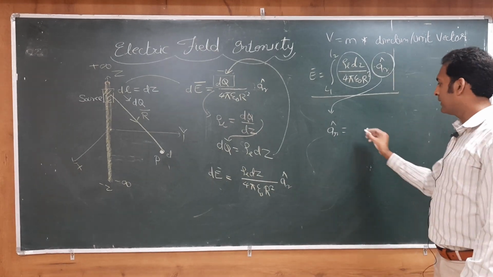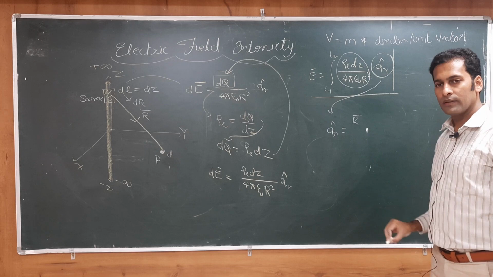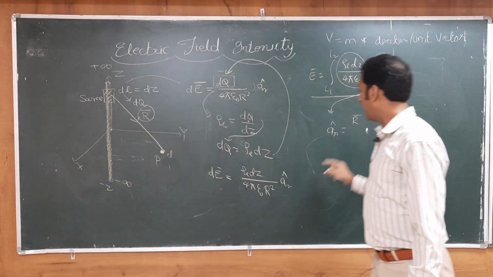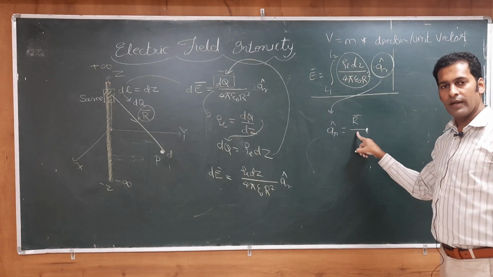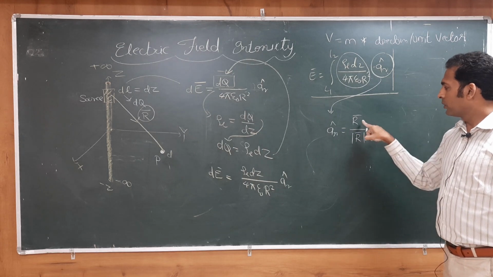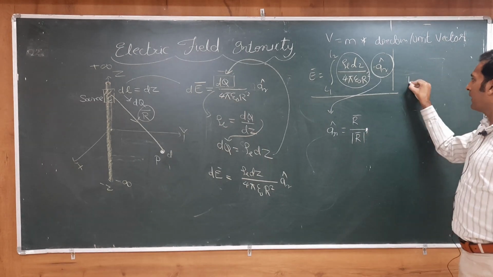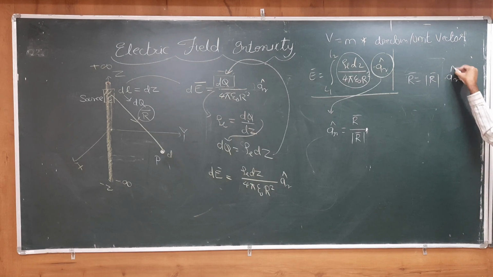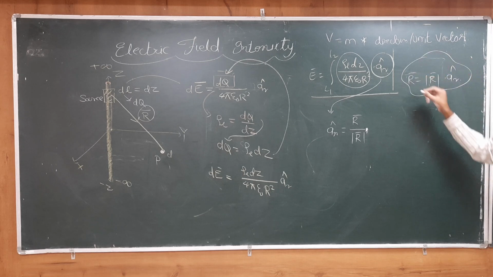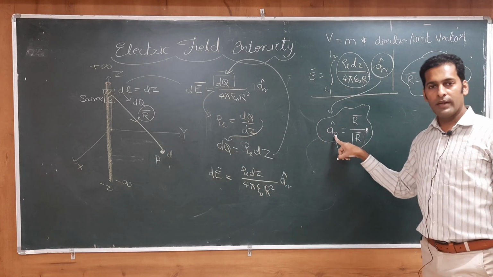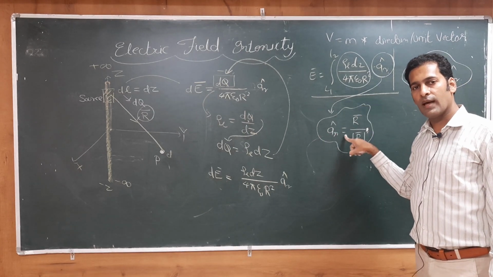AR cap will be r bar, the position vector, this line, divided by the magnitude. All vectors are given by magnitude into direction, so the direction will be equal to vector divided by magnitude. This formula we have to use to calculate the direction component or unit vector AR cap.